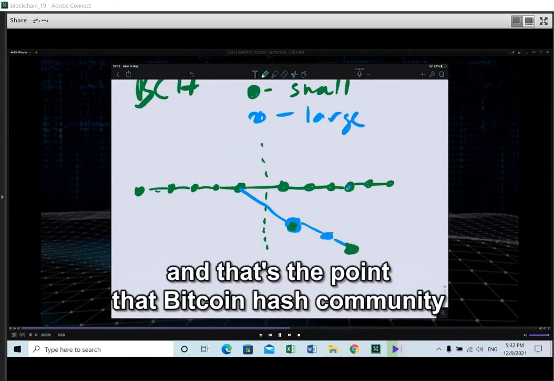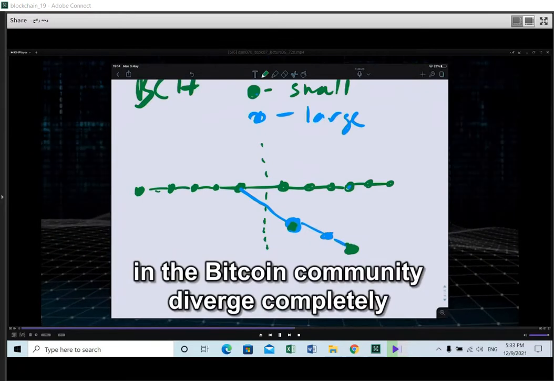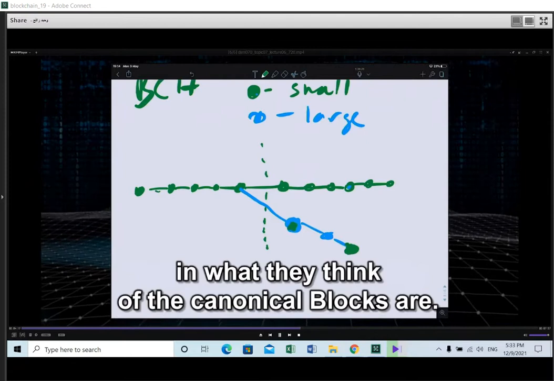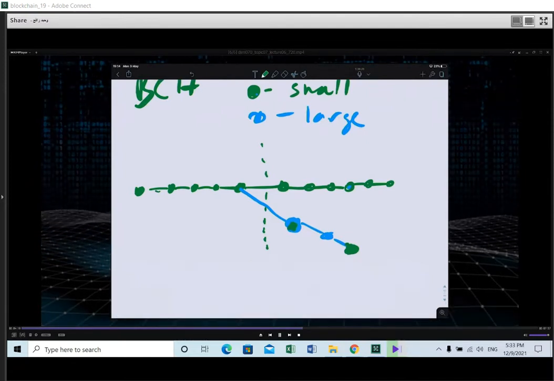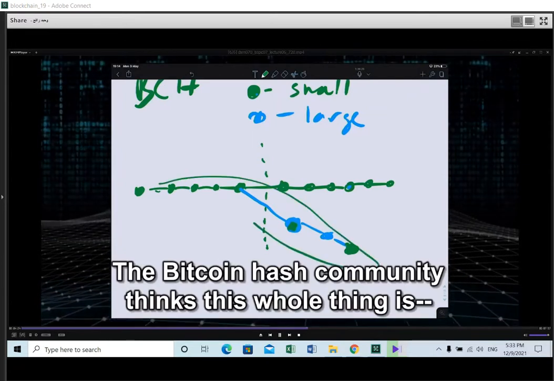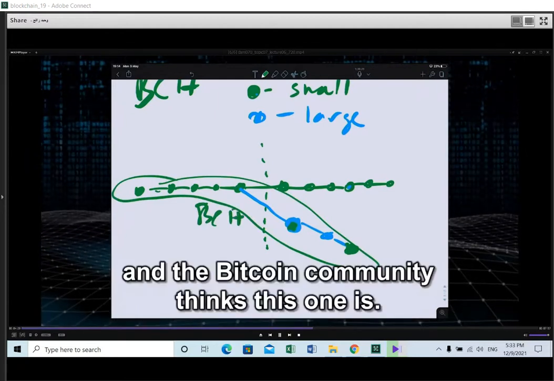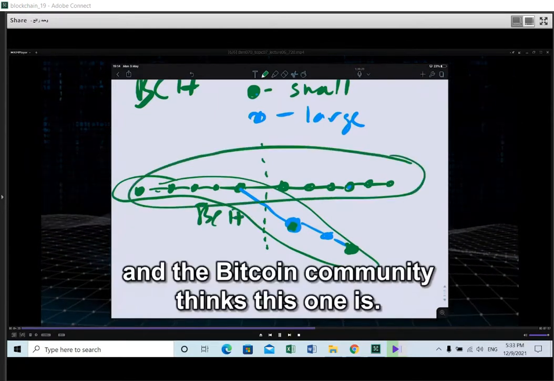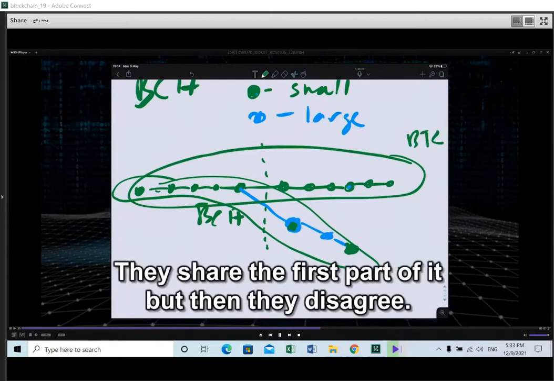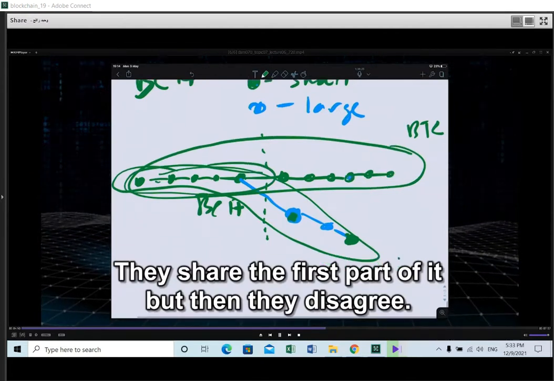And that's the point: the Bitcoin Cash community and the Bitcoin community diverge completely in what they think the canonical blocks are. The Bitcoin Cash community thinks this whole thing is, and the Bitcoin community thinks this one is. So they share the first part of it, but then they disagree.